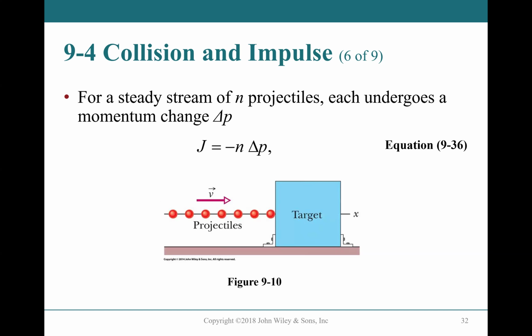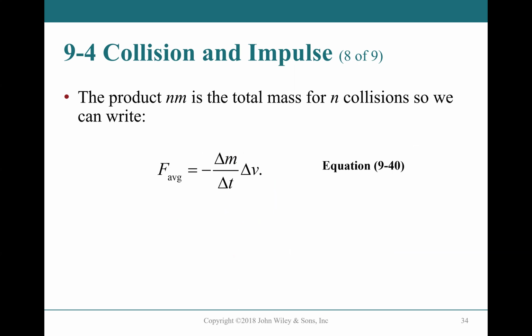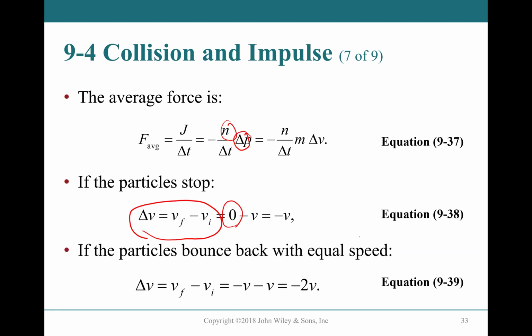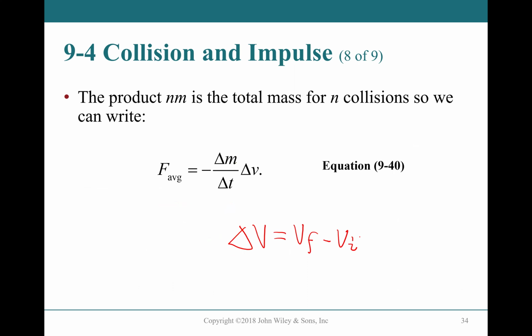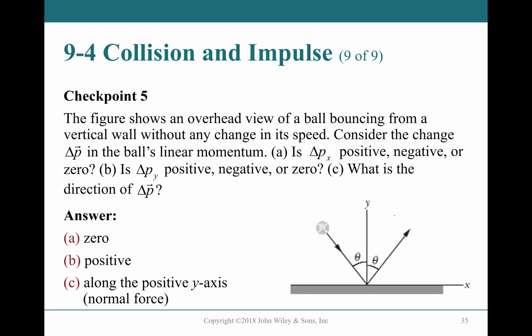If we have n particles, if we write final minus initial, then, hmm, delta p.